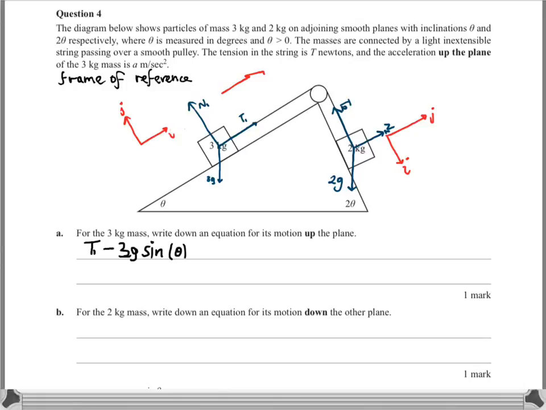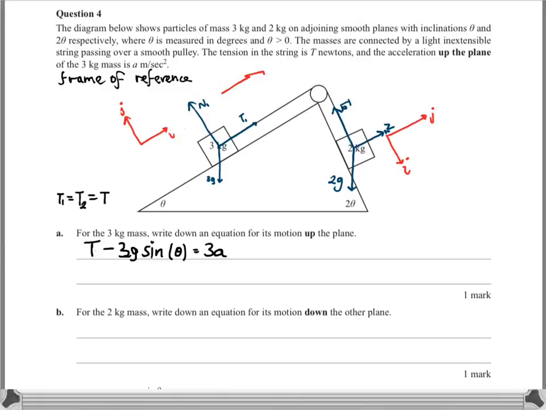Now looking at the first, 3 kilogram mass, there's our equation of motion. T newtons for tension, up in the direction of motion, so it has a positive sign. The same with a positive 3a, because they're both going in the same direction. Then the component of the weight force is pulling it back down the slope, so it's negative.